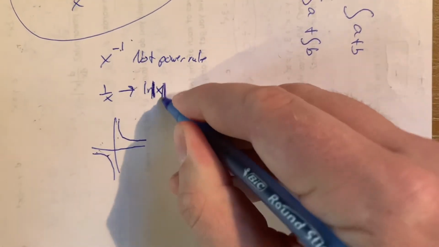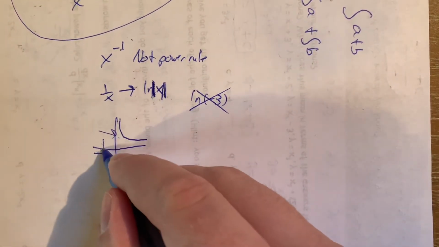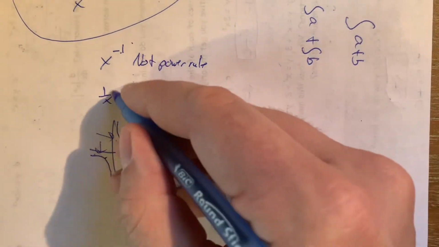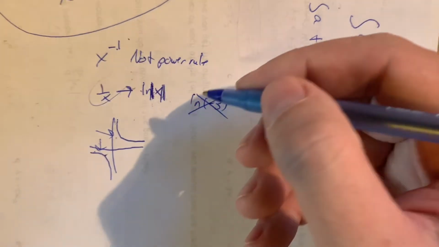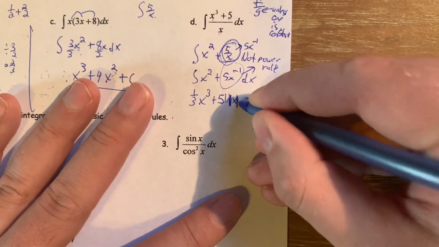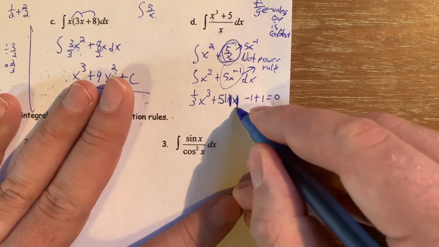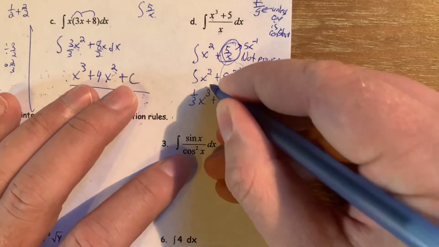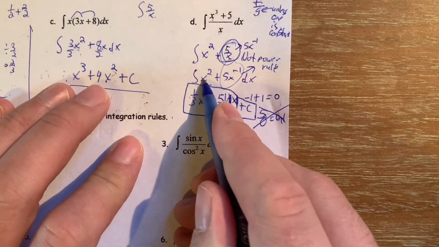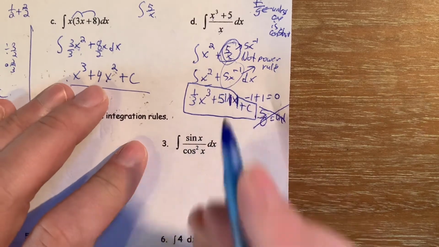And so we make it the absolute value of x to actually make it extend over the entire domain. So whenever you do the integral of 1 over x, it's going to be natural log of absolute value of x, which is slightly different than when you're doing the derivative. But this is the answer. So plus c. Sorry, guys. This got a little messy. This was power rule. This one looked like power rule, but wasn't.